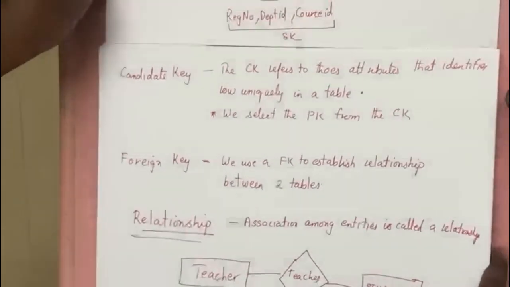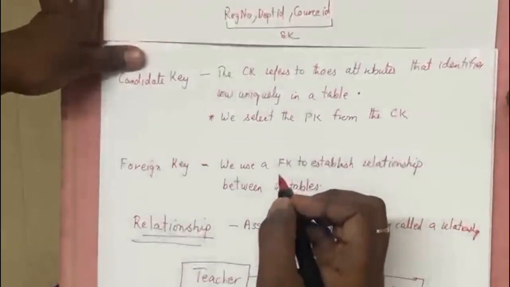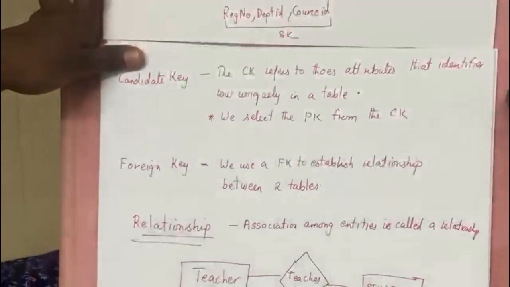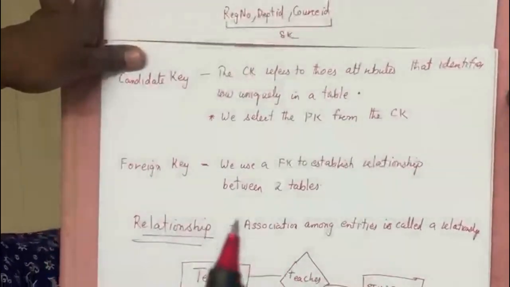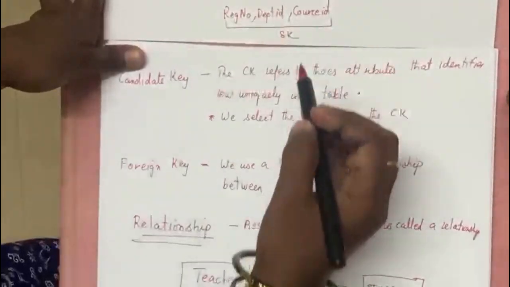Here in candidate key, the main thing is that this is nothing but the same thing. I'm going to uniquely identify a row in a particular table. We can select a primary key from a candidate key. That is, it will be part of my super key.